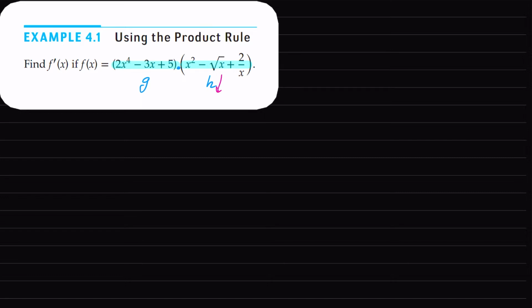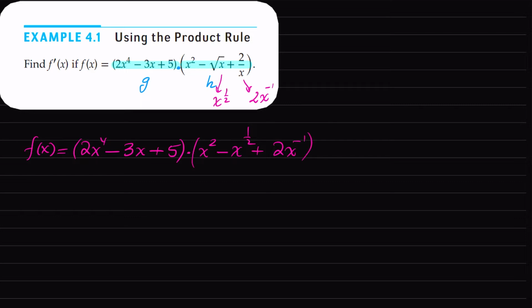So this square root will be written as x power half, and this one we will raise the x to the numerator, x power minus 1. So now let's write f of x equal to 2x power 4 minus 3x plus 5 multiplied by the second one, x squared minus x power half plus 2x power minus 1.